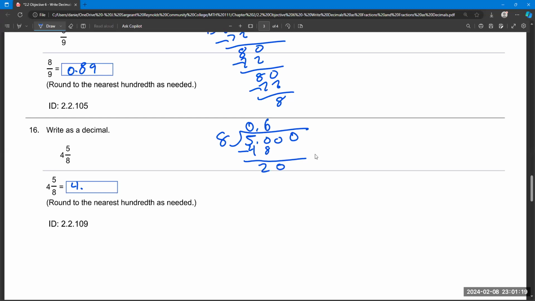Bring down the 0. 2 times 8 is 16. Subtract and get 4. Bring down the 0. 8 into 40 is 5 times. We were instructed not to go past the hundredths place, so that 5 rounds us up to 63 hundredths.